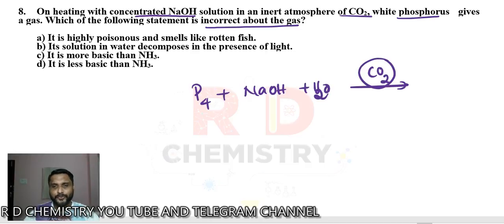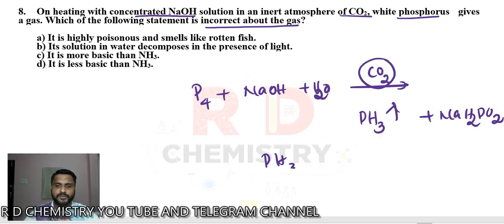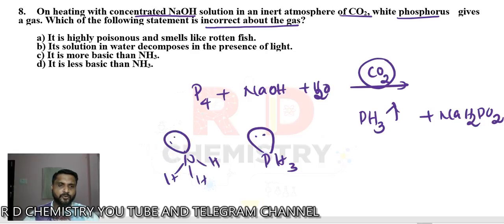You know that phosphorus can catch fire easily, that's why carbon dioxide is used. Okay, so it gives PH3 phosphine gas, and sodium hypophosphite, NaH2PO2. Now the PH3 formed is similar to ammonia NH3. Okay, so it also contains a lone pair of electrons.